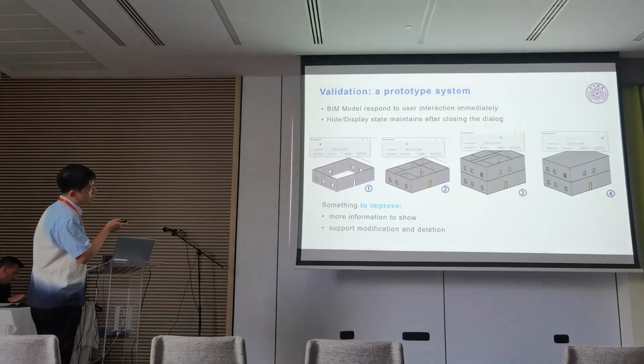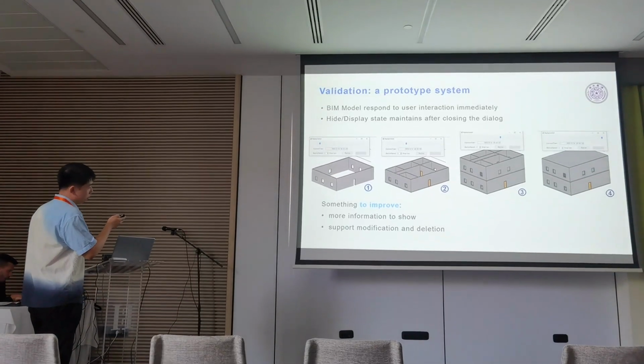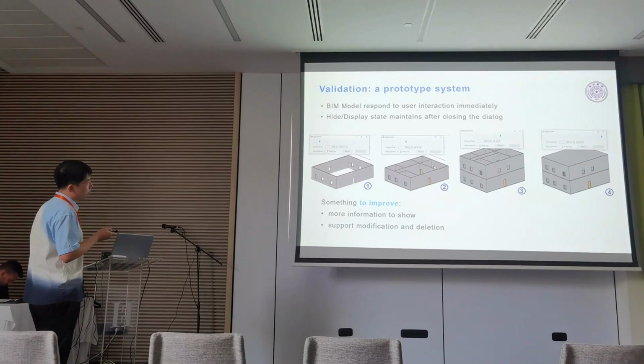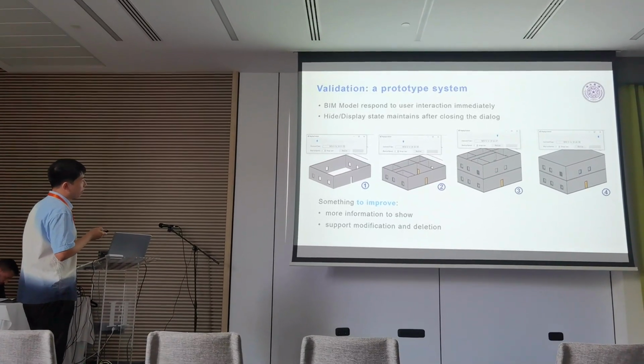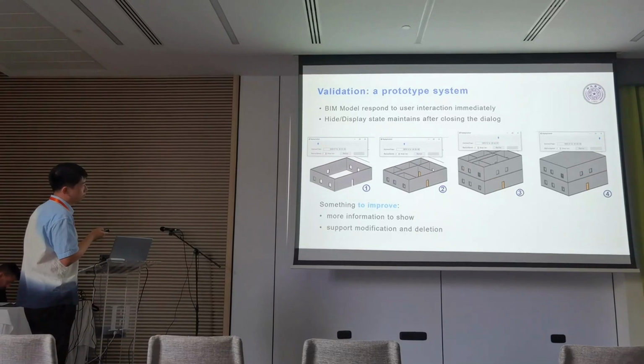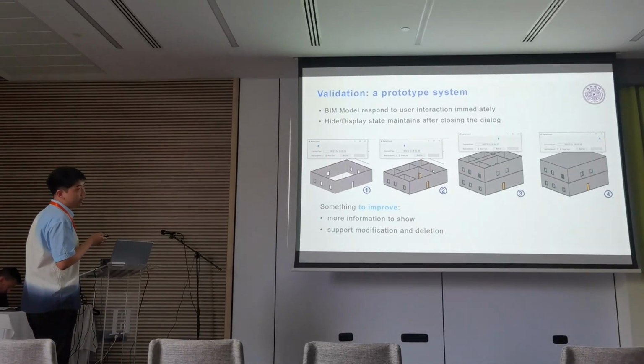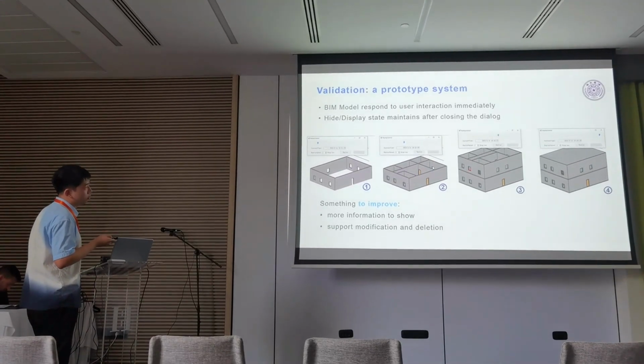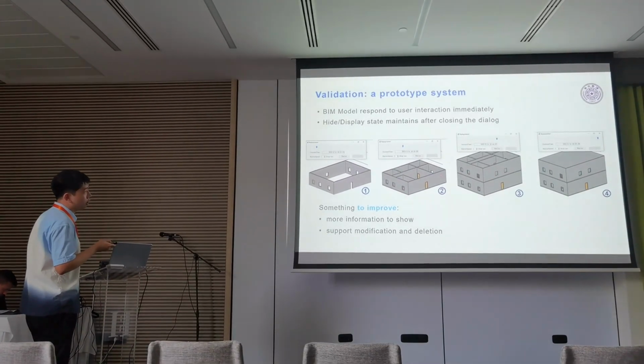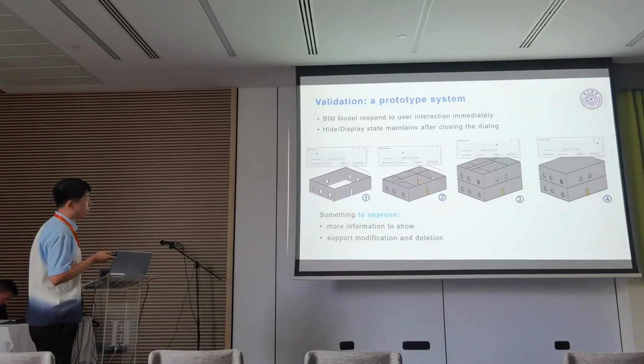As the pictures show, 1, 2, 3, 4, as we move the cursor along this scroll bar, the model will take the shape it had at that point in time. So you can see very clearly what happened at each point in time and how a model came into being, how the BIM model was built up step by step.